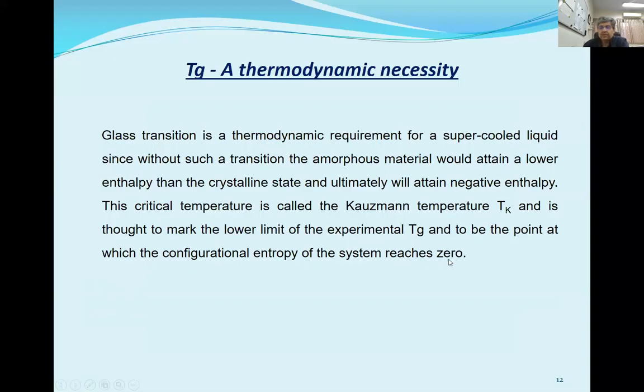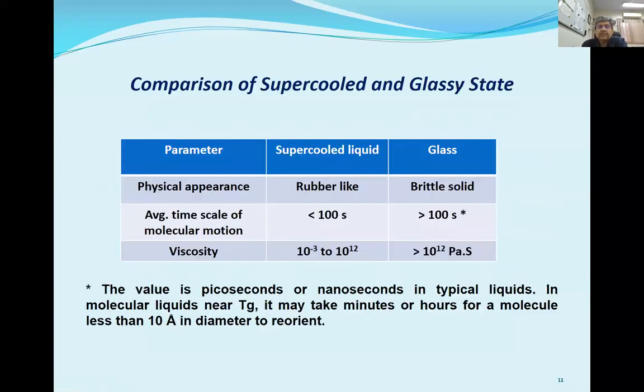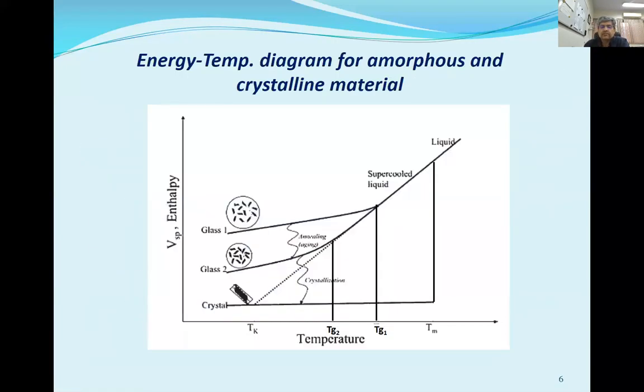I'll go back to the original diagram that I was using to explain this particular concept. What we are saying is that if you are cooling the material and it enters into the supercooled liquid state, and remember it is in equilibrium with the liquid state because it is following the straight line up to this point, assuming that this deviation at the TG does not take place, then the liquid will follow this dotted line as the path, and at a point it will meet the crystalline curve.